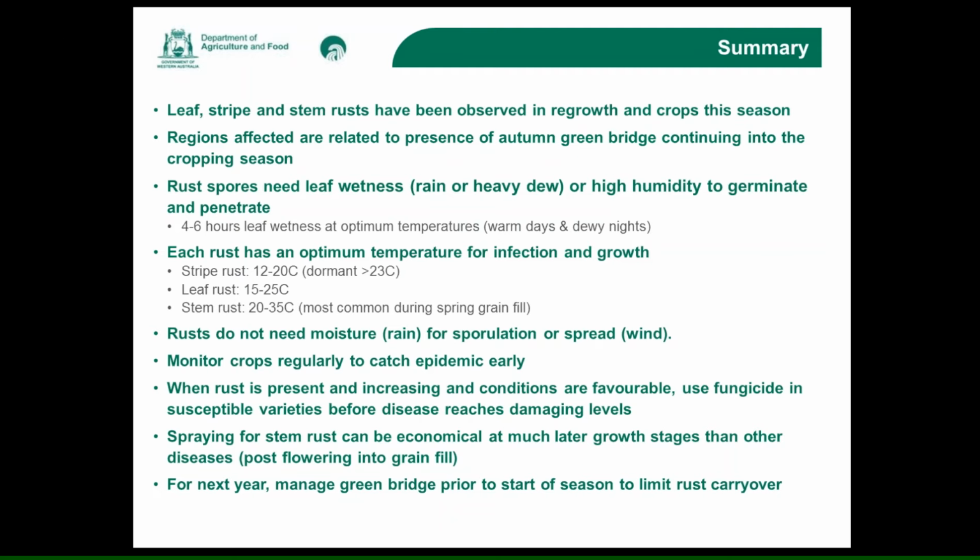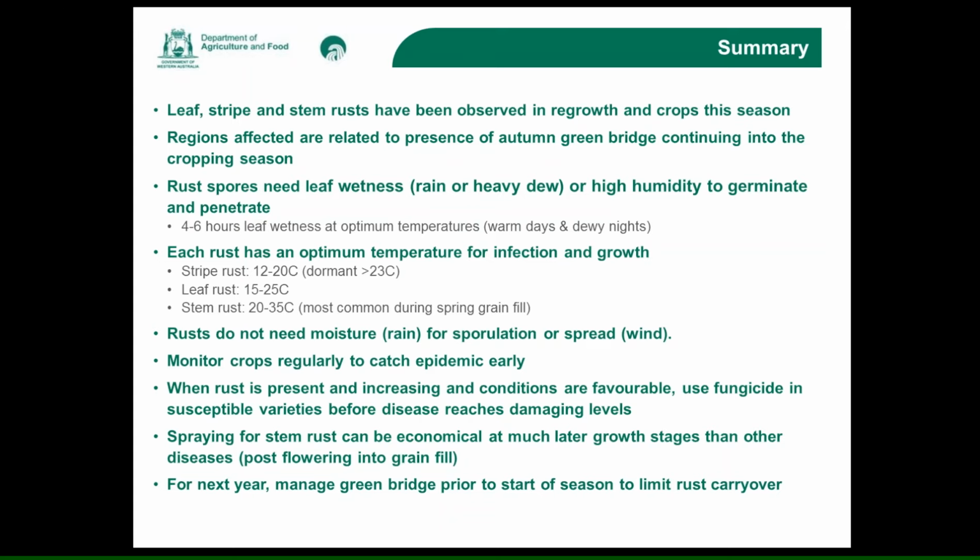So what do the rusts need to actually survive and grow? Well, they need moisture to infect. So about 4 to 6 hours of leaf wetness at an optimum temperature, and we're talking about rain or heavy dew or even high humidity in a dense canopy are needed for the spores to germinate and penetrate.